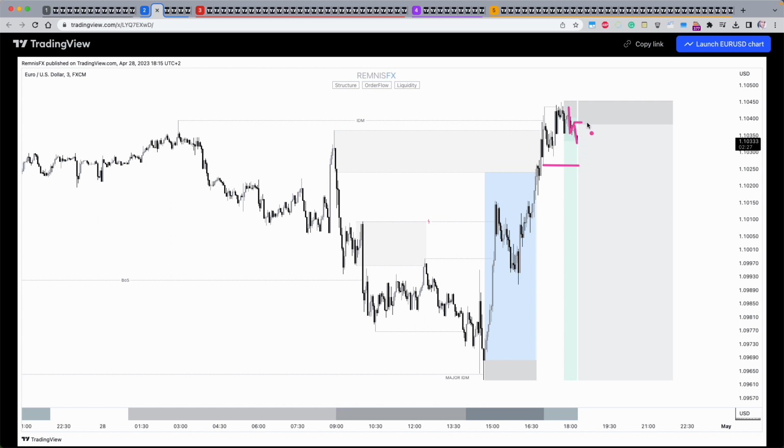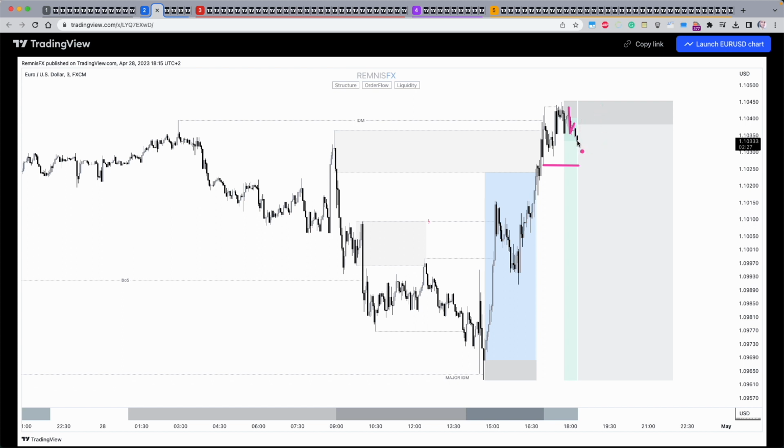And that's why I placed my fourth limit order here. Because I thought, well, if price comes back to take out this candle-wise valid pullback or candle-wise inducement liquidity, this position will be triggered.